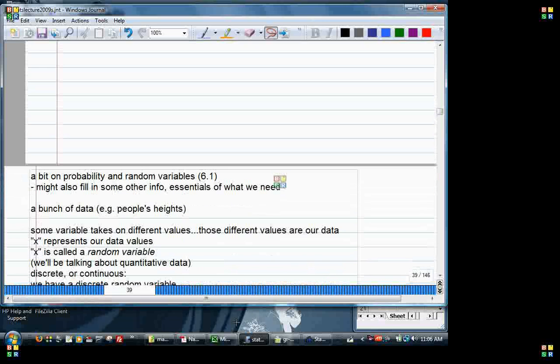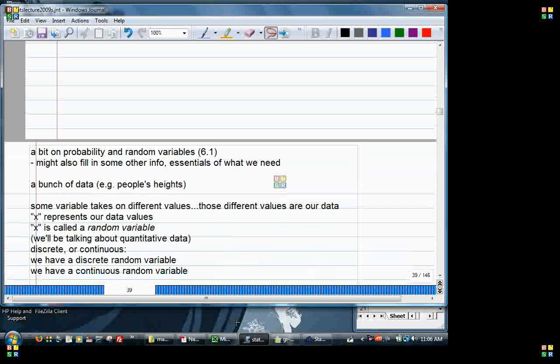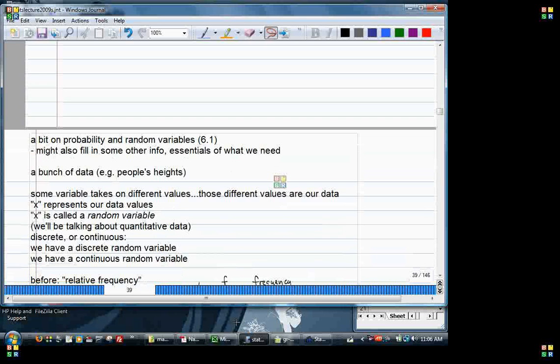Now we could be talking about discrete or continuous data, although we'll usually be talking about continuous data. But in that case, you have a discrete random variable or you have a continuous random variable. Now, another change. Previously, we talked about frequencies and relative frequencies.